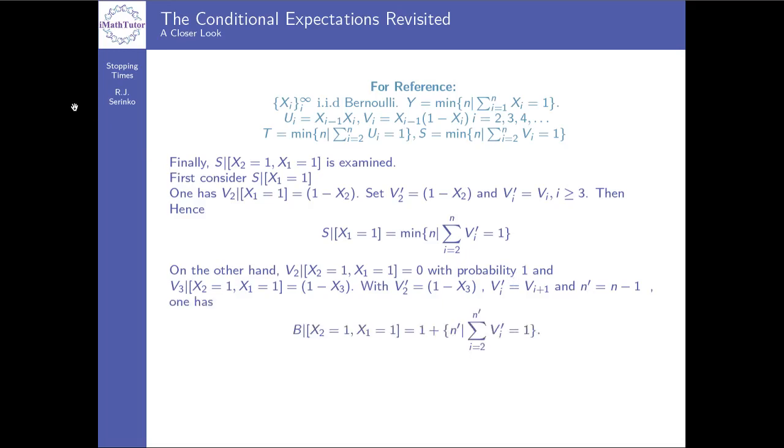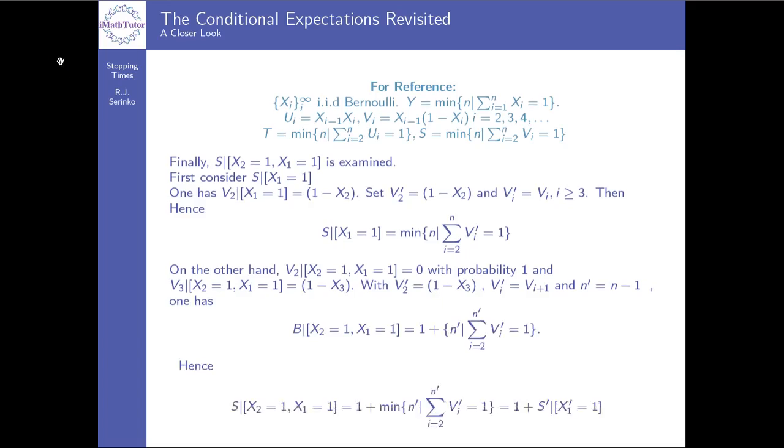With this, set B conditioned on the first two tosses being heads can be written as we have it here. Hence, S given the first two tosses are heads can be written as 1 plus this conditional random variable. Now notice this sum and this sum will have the same distribution.